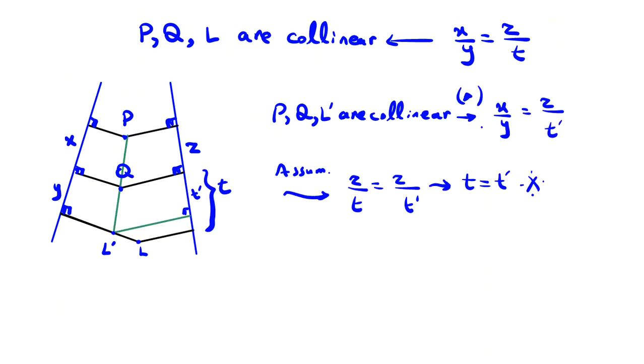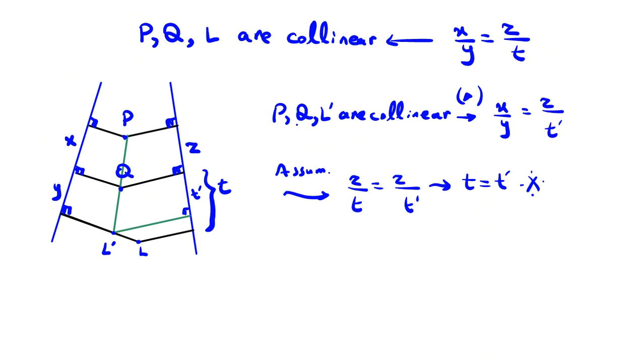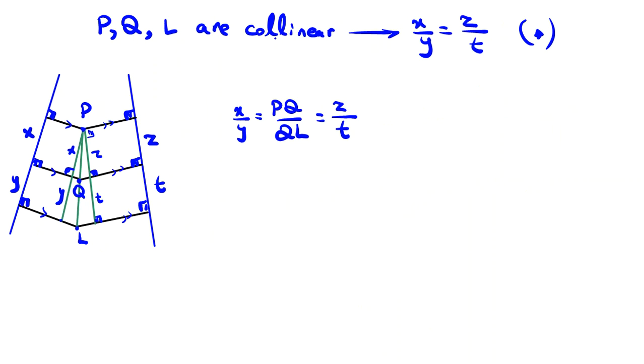Now let's prove from right to left. We consider the left-to-right result as star and use it, and we want to prove by contradiction. Suppose, on the contrary, that P, Q, L are not collinear. We connect PQ and consider that it meets this line at L prime. Now if we draw a perpendicular from L prime to this line and consider this length T prime, then because of star, if we have three collinear points, the ratios are equal.